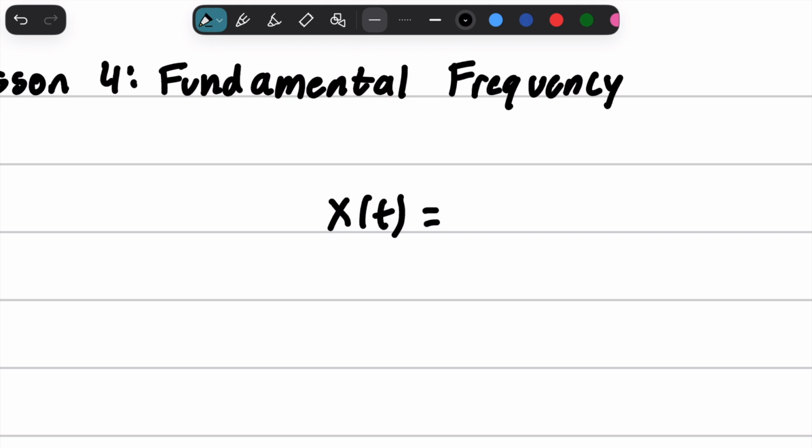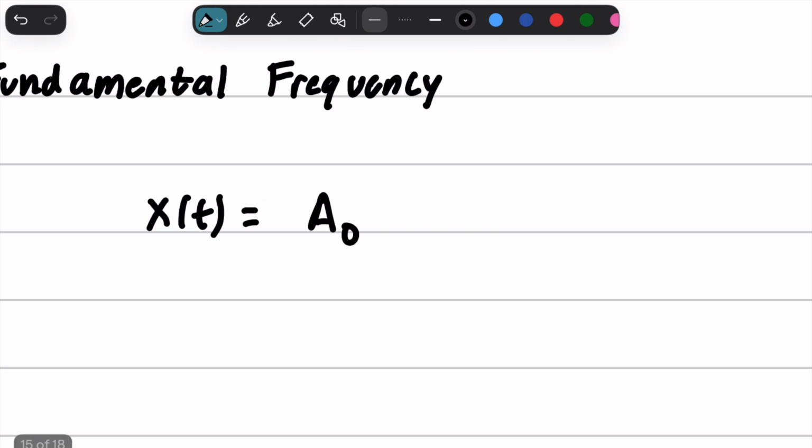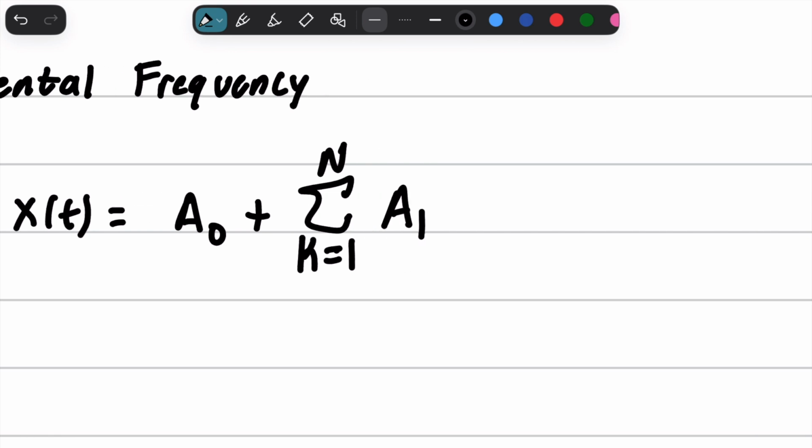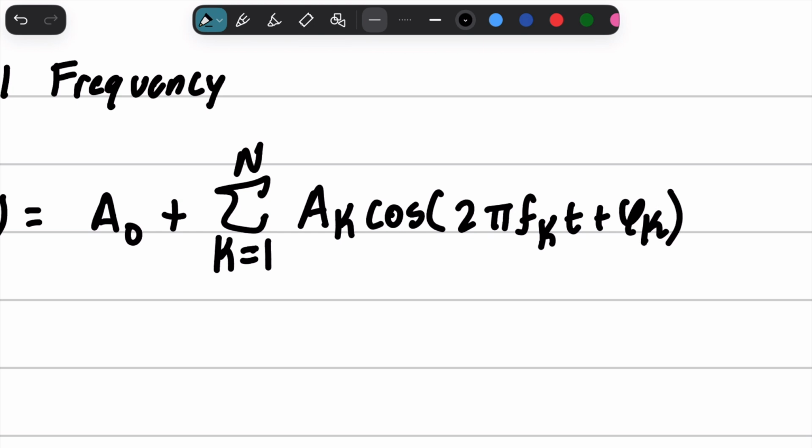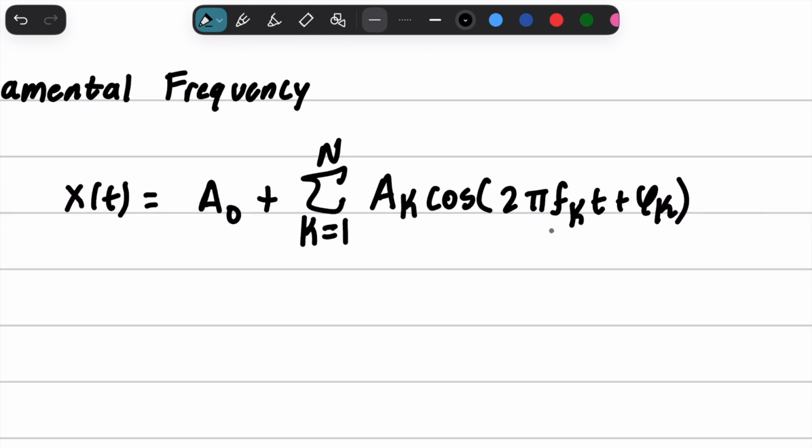X of t is equal to some arbitrary DC value plus the sum of a bunch of sinusoids or cosines, and these bunches of cosines can have different frequencies, right?